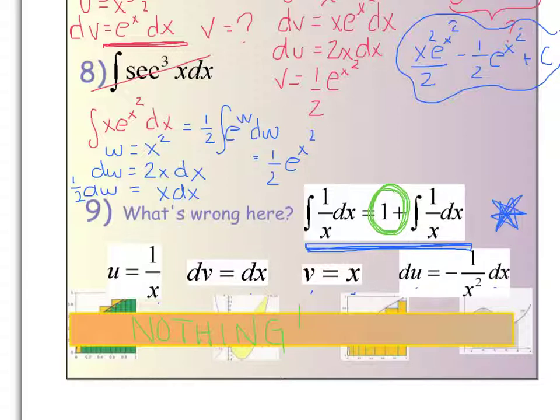And so when you set this integral up using parts, letting u equal 1 over x and dv being dx, and then v is the antiderivative of dx, which is x, and du is that, you get the integral of u dv equals uv, which is 1 over x times x being 1, minus the integral of v du, you actually get that.